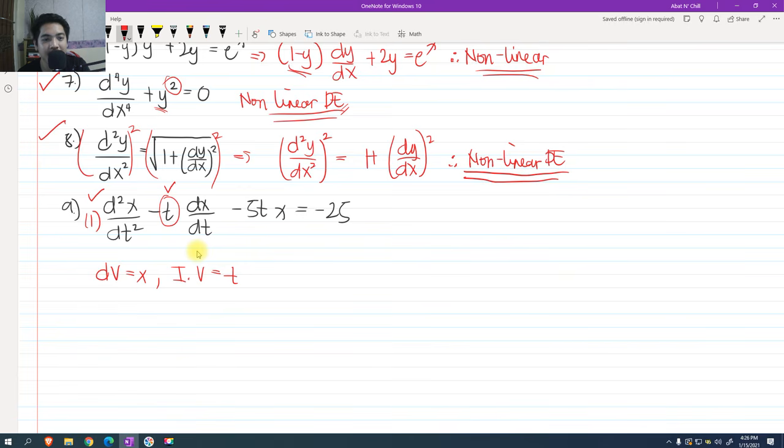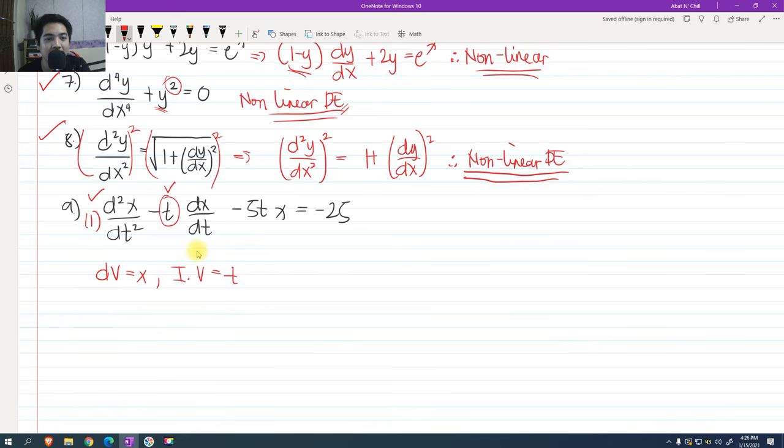So it's okay. We don't have any x here, because if we had minus xt or minus tx here, then definitely that is non-linear automatically. The coefficient should be at most dependent on the independent variable t.